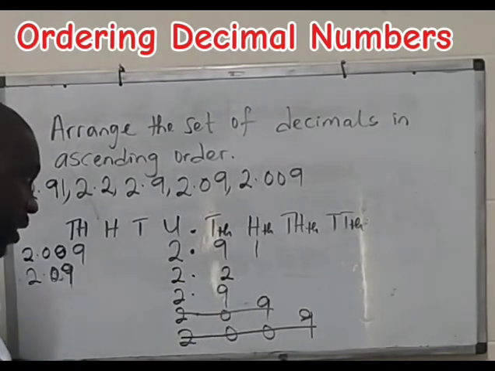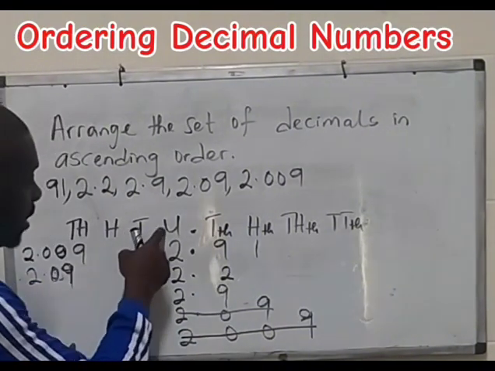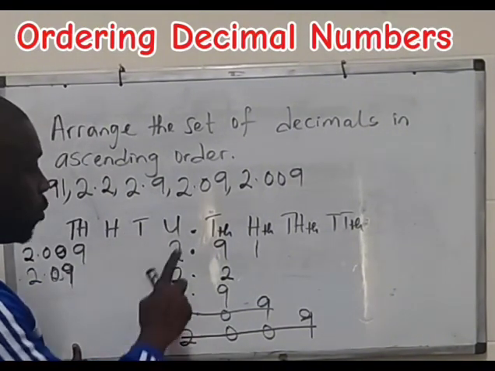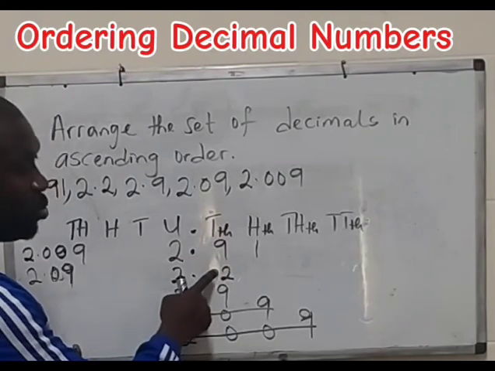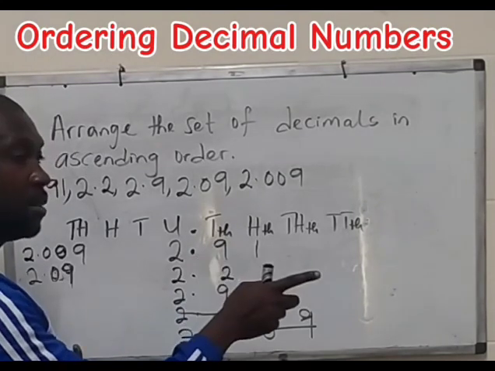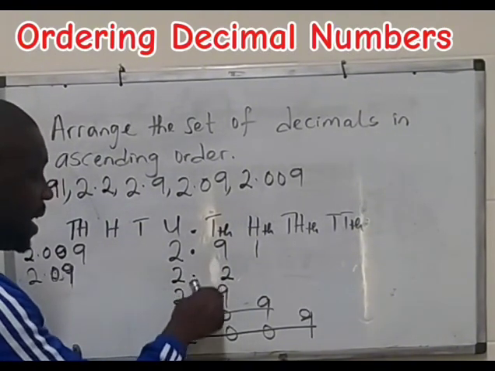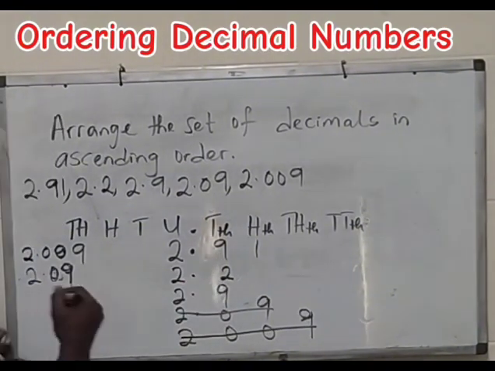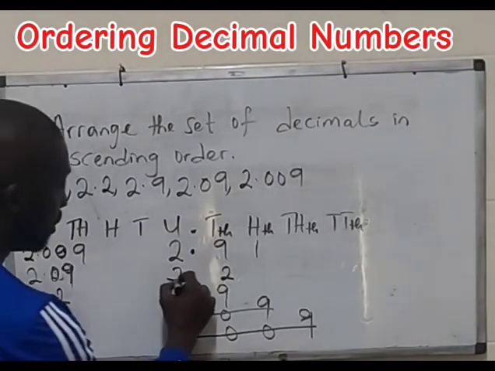Don't forget, in comparing, we check from the highest value. The highest value here is units, and all digits here are equal. We'll go to the next one. We have 9 and 9, which are higher than 2. We're looking for the next smaller number. The only number lesser than 9 is 2.2. So 2.2 happens to be the next smaller number. So 2.2 is out.